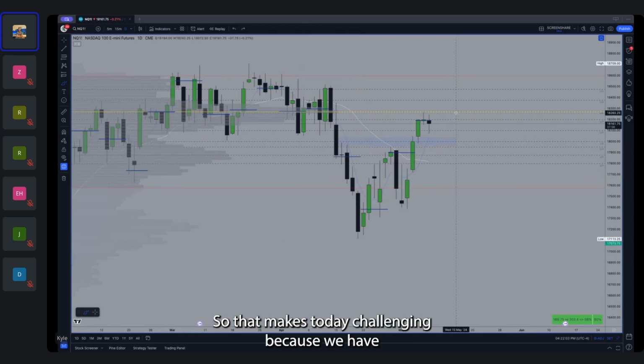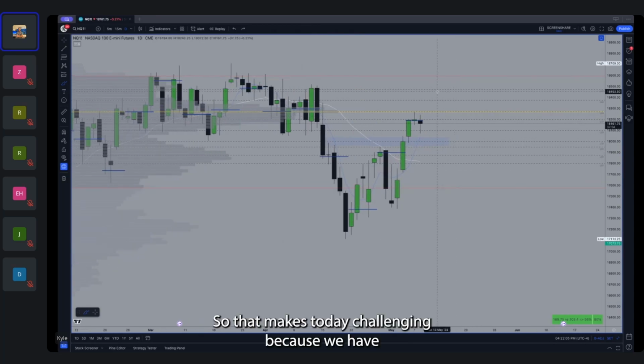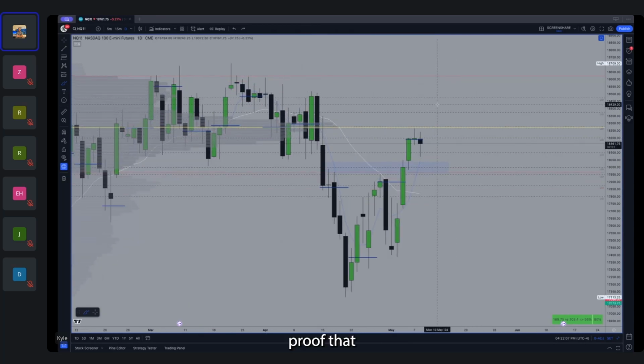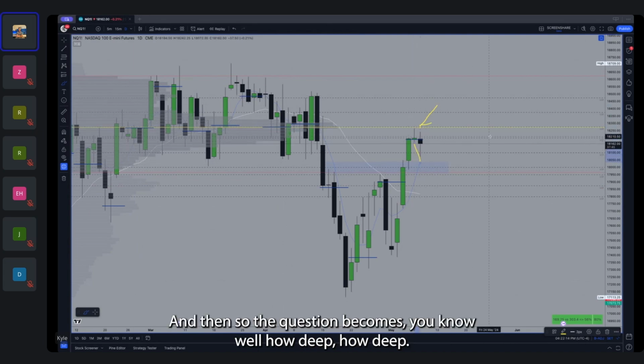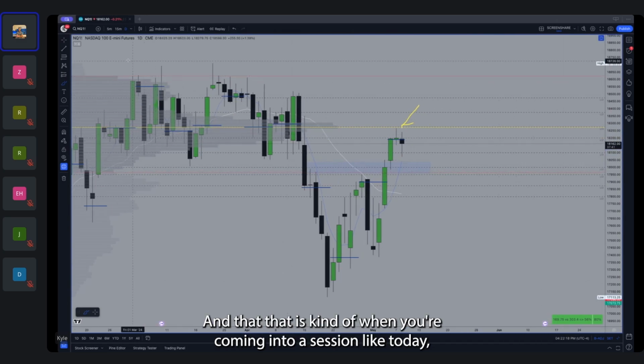Different level. So that makes today challenging because we have proof that price is exhausted, and it most likely needs a bit of a dip lower. And then the question becomes, well, how deep? How deep? That is what we're really looking to analyze when you're coming into a session like today.